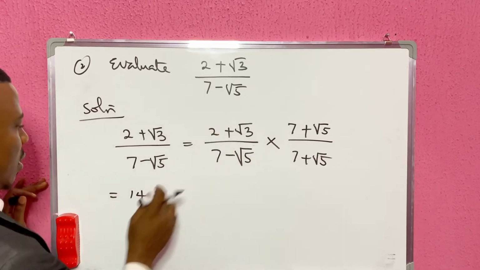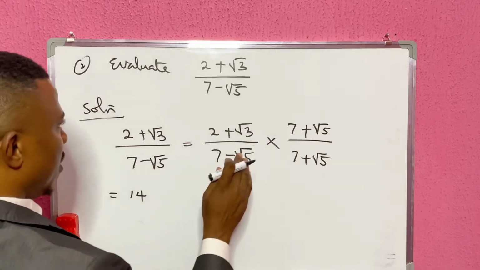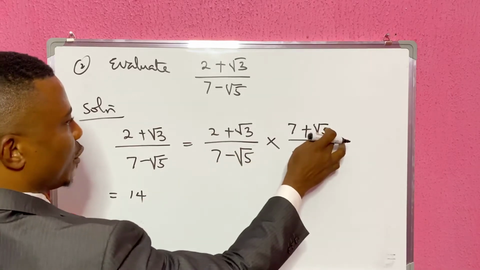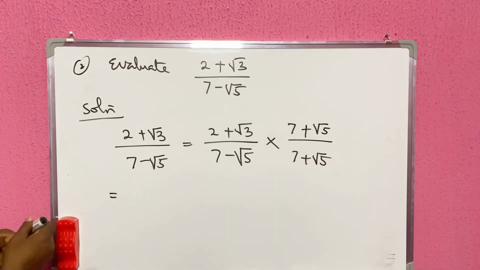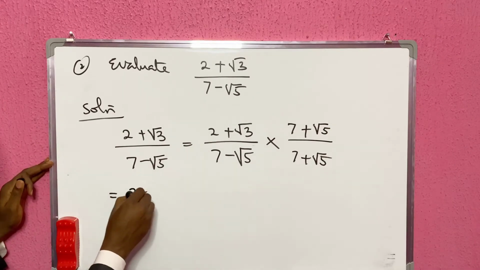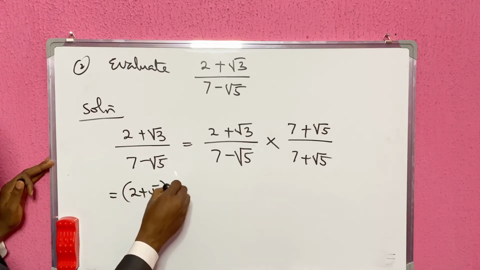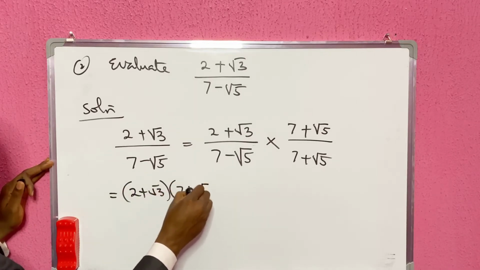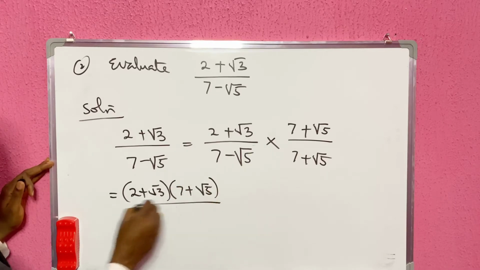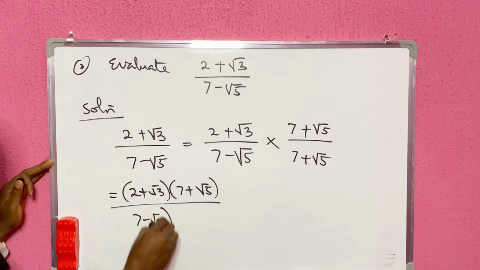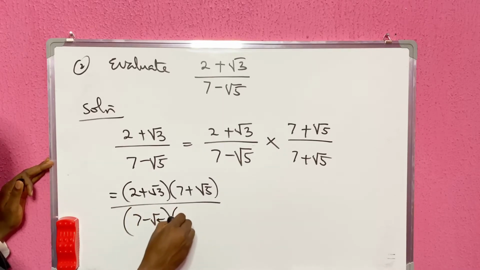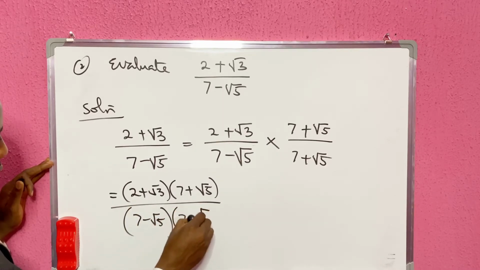2 multiplied by root 5. Okay, let me put it like this for proper assimilation. 2 plus root 3 over 7 minus root 5, times 7 plus root 5 over 7 plus root 5.